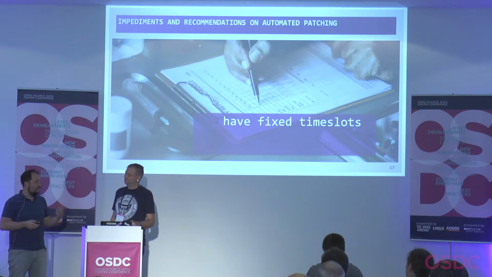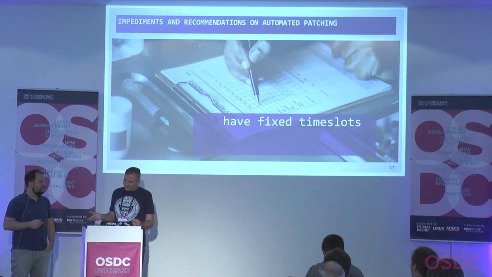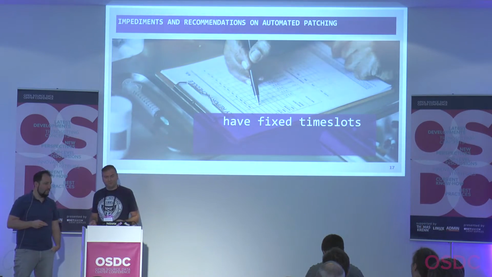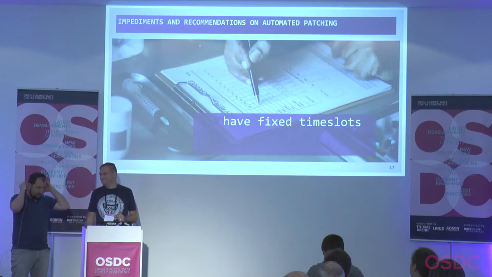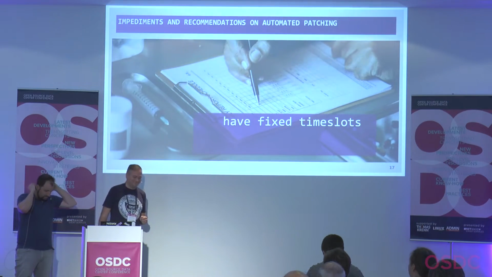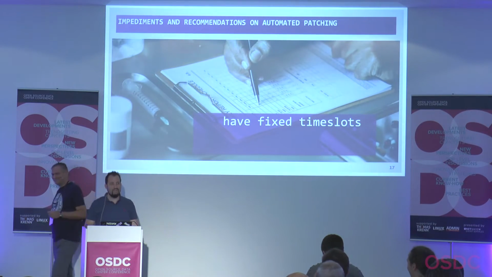Maybe it's on a public holiday or on the weekend, and you don't want to do that. Besides this, we also have to send out alerts before, because it's always a big surprise that today is patch day. And we don't patch on Fridays, so that's something you shouldn't do.